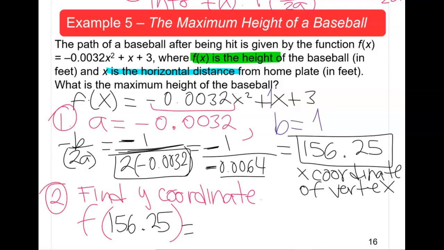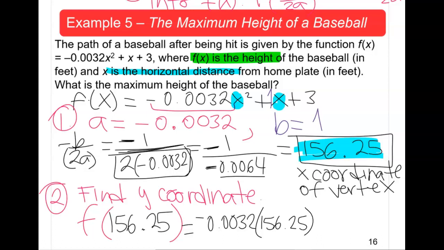Well, we're going to substitute it where we see an x, there and there. So this is going to look like this: negative 0.0032 times parentheses 156.25. We have to make sure we square it. And then plus 1 times 156.25, and then plus 3.